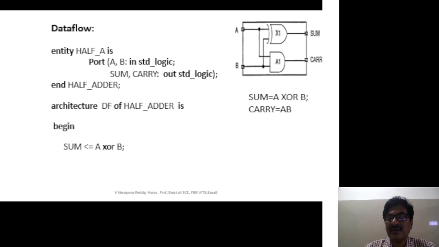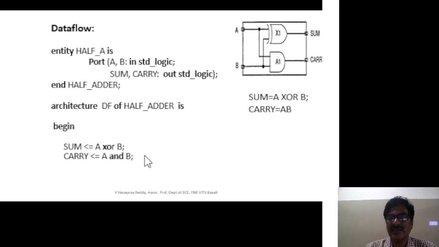Then, as per the Boolean equation, there is an XOR operation between the inputs, that is A XOR B. Similarly, the carry signal assignment statement is carry less than equal A and B. Because the Boolean expression for carry is AB, the relation between the signals A and B is the AND operation.